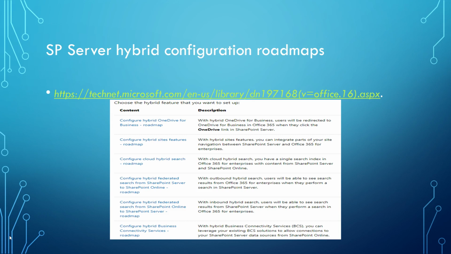And if you are at any point required to make the decision of implementation, you can come in here and follow this roadmap. However, keep in mind that as we develop this platform, we are talking about 2016; 2019 is already available.